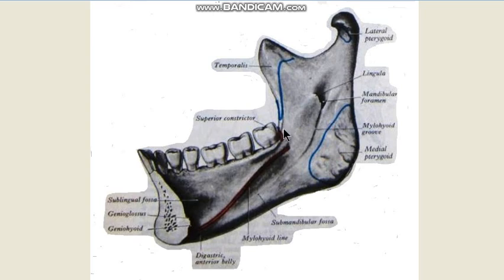So the inferior constrictor muscle has a small patch of attachment over here, and also the pterygomandibular raphe, from which anteriorly you have the attachment of the buccinator and posteriorly you have the attachment of the superior constrictor muscle. So you have the attachment of the superior constrictor muscle on this side and the buccinator muscle on this side of the pterygomandibular raphe.